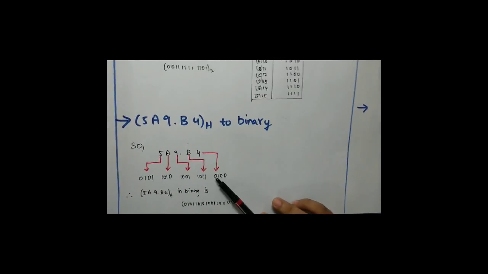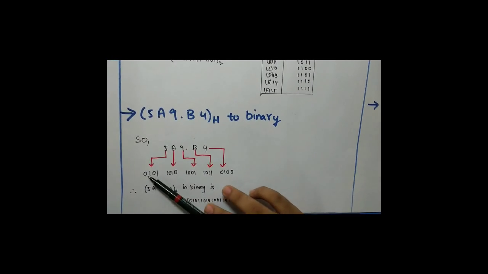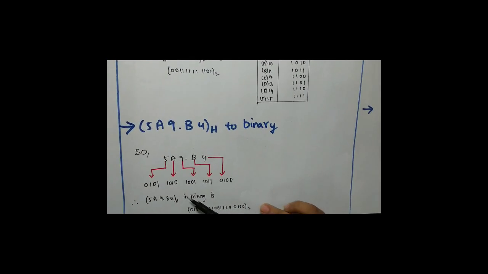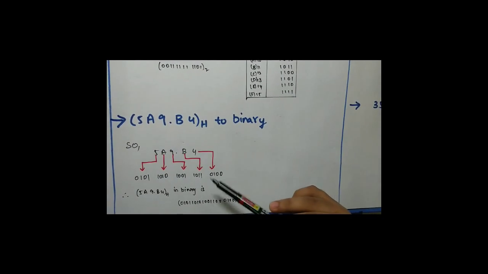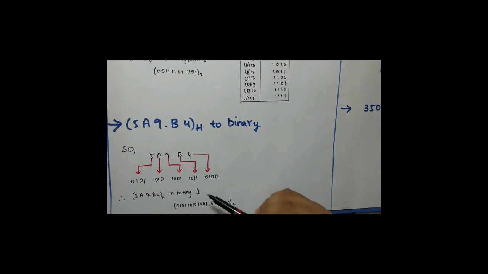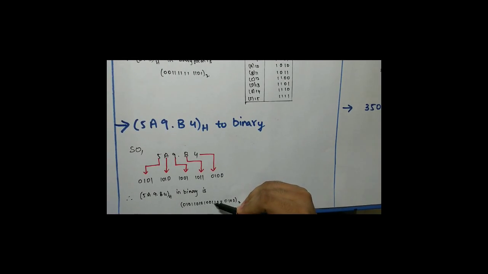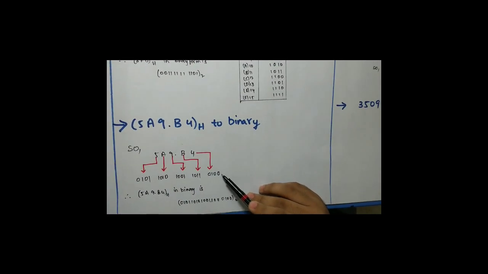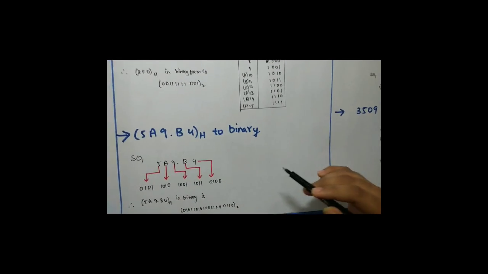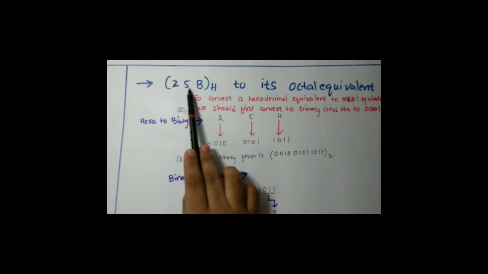So we have to combine them. The answer is 0101, 1000, 1010, 1001, 1011, and here I put the point, then 0100.